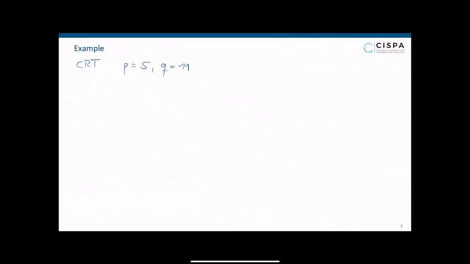We're looking for an X in, let's say, Z55, such that X modulo 5 equals 3 and X modulo 11 equals 2. Okay, so how are we gonna do this?